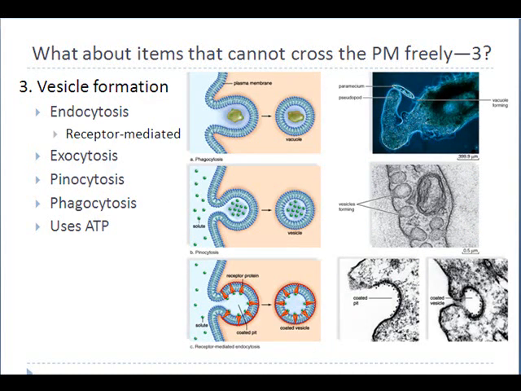Now, besides these, there are other molecules that can also cross the plasma membrane, and let's look. That's a third way of dealing with substances in and out, and this is due to the formation of what are called vesicles.